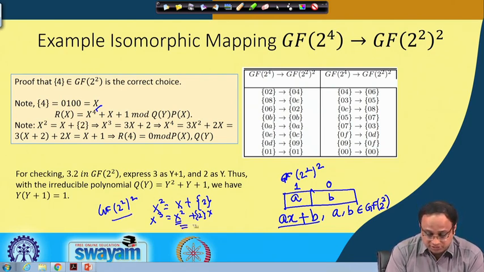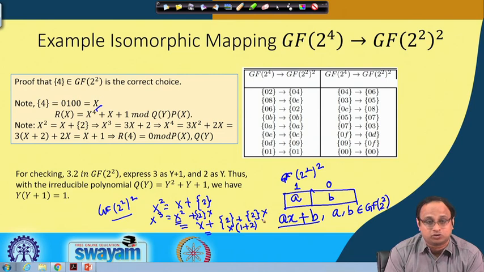So I will replace this with x plus 2, plus 2x. To simplify this further, I can take x common, and then 1 gets added with 2, plus 2.